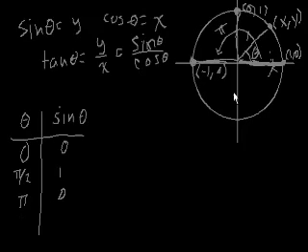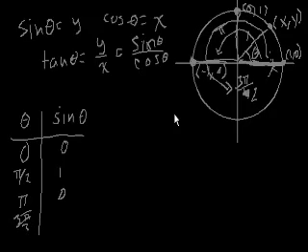Let's just keep going around the circle. When theta is equal to 3 pi over 2, because this is pi, and this is another half pi, what is sine of theta?